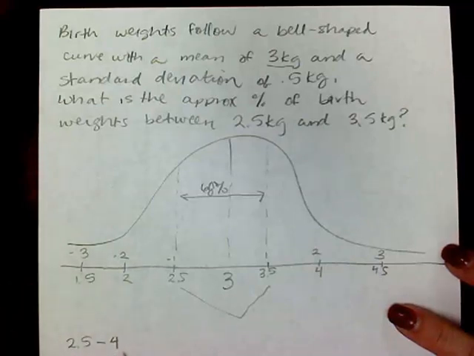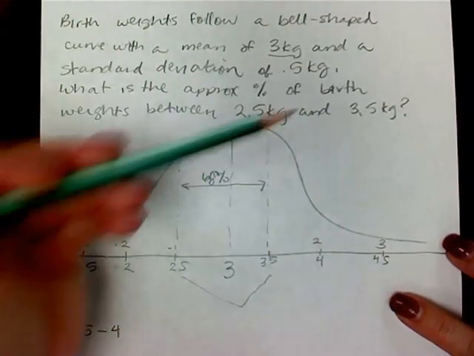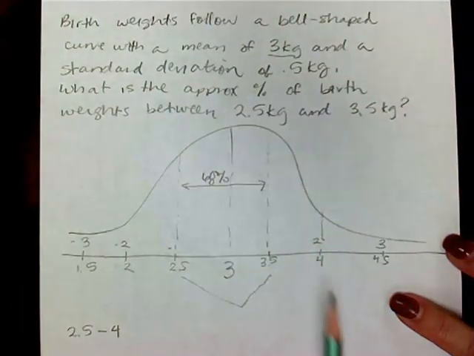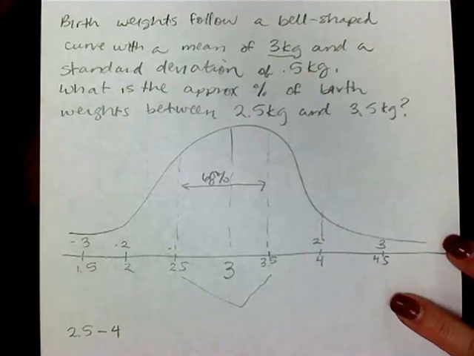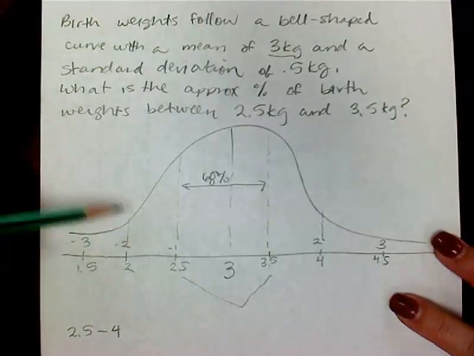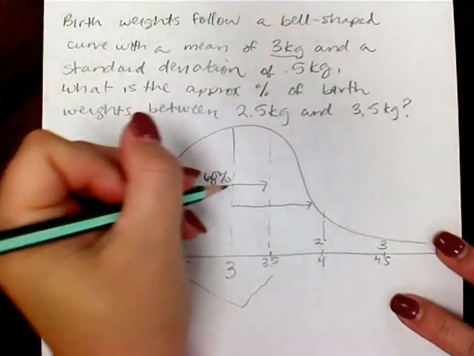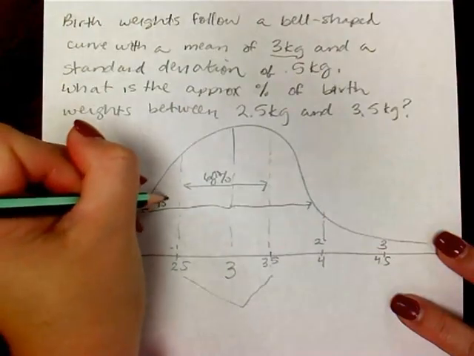So then we could include what we already have, the 68%, but then we would need to figure out this additional area right here. Well, we know that this is going to be half of the 2 standard deviations, which would be 95%. So all together here is 95%.